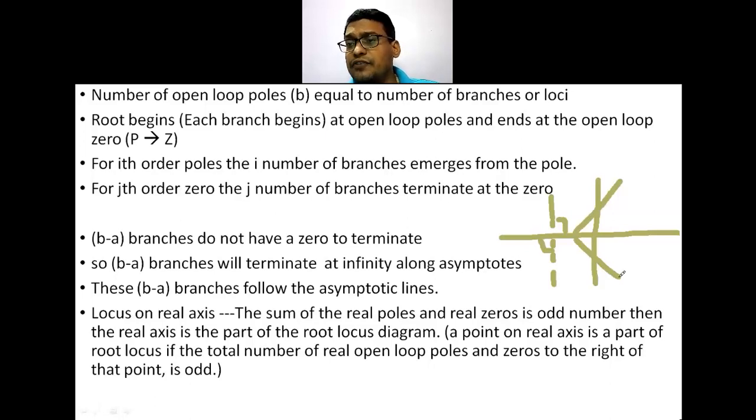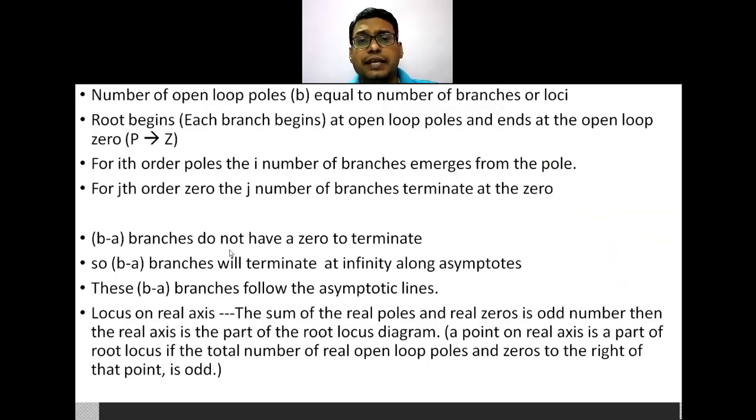So these are the different angles that will be generated, and depending on these are your asymptotes. Asymptotes are different, the axis is different, and branches are different.